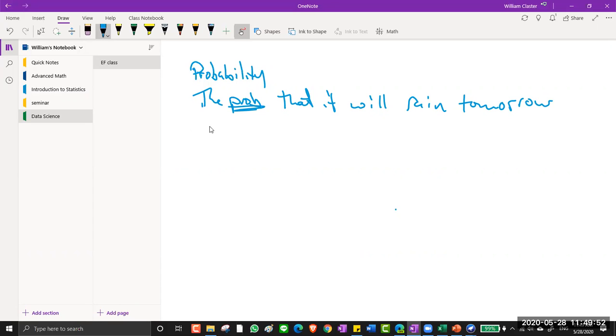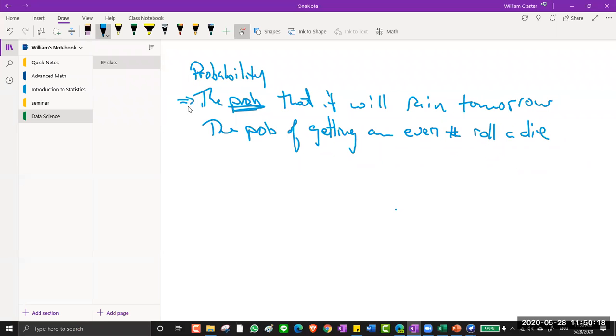Or we might say the probability of getting an even number when we roll a die. This kind of thing is very hard to deal with, but this kind of thing is very easy to deal with. So let's talk about this one.